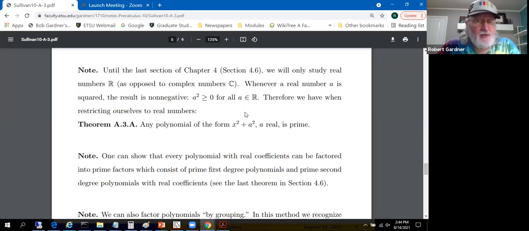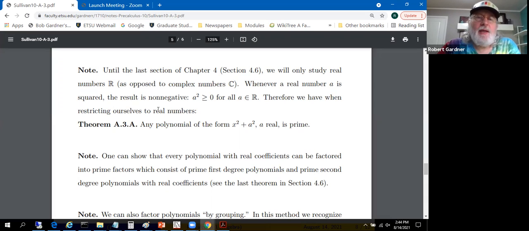That'll be the content of the class, though some of the supplements will be a little more general and deal with the complex numbers, usually denoted with a blackboard bold C. So until the last section of chapter 4, section 4.6 in the 10th edition of the book at least, we'll only study real numbers. Currently chapter 4, section 6 is not a formal part of pre-calculus 1. I'm going to include it in the notes and videos anyhow for your education.